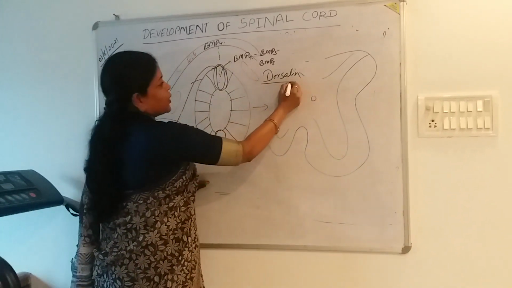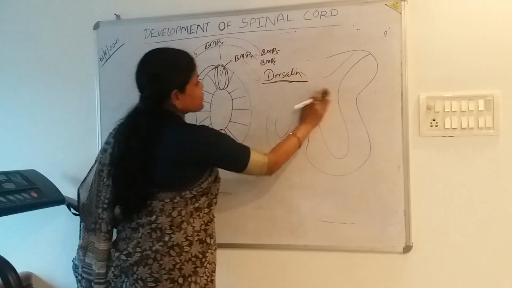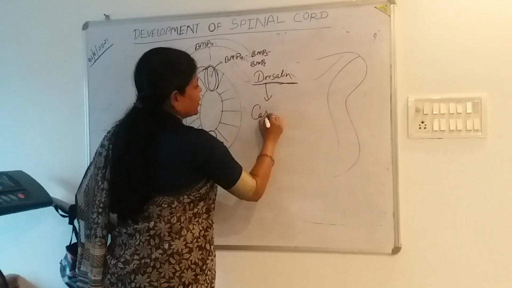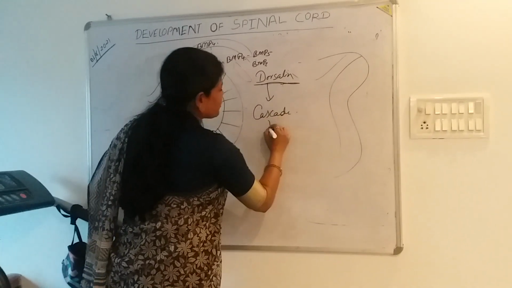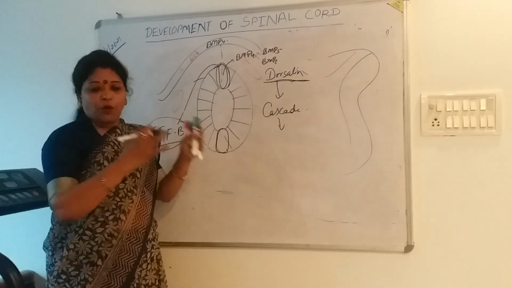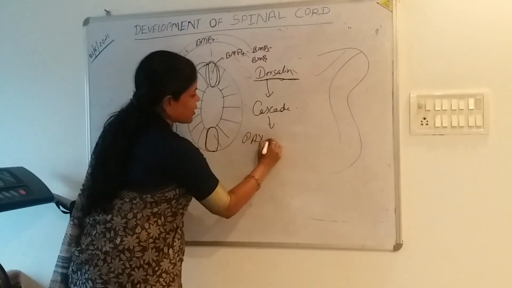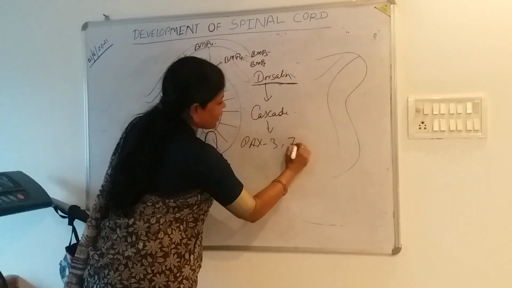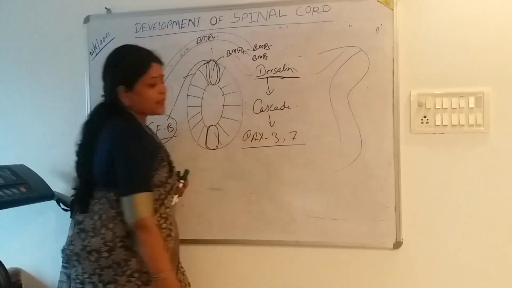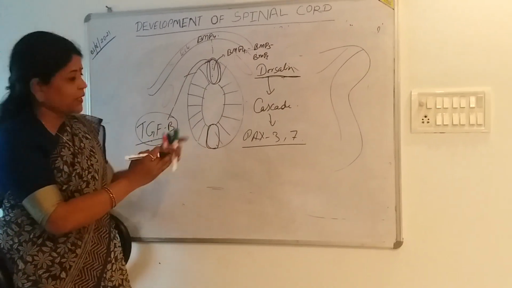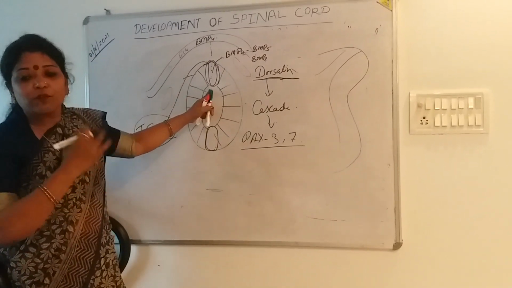So a second cascade is formed, under which other molecules are released, known as PAX3 and PAX7.